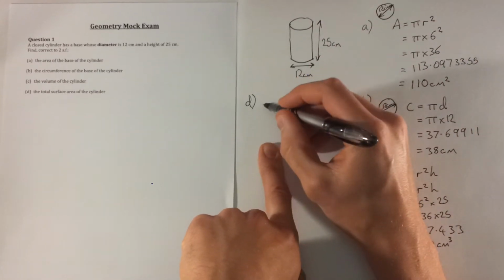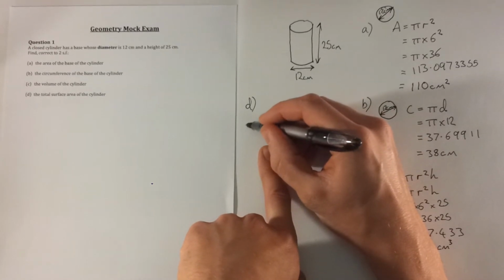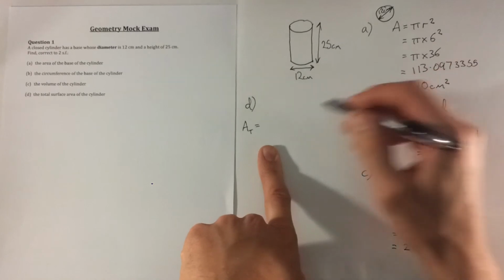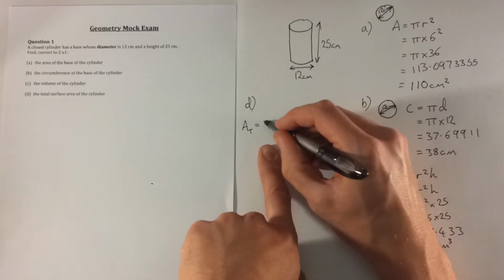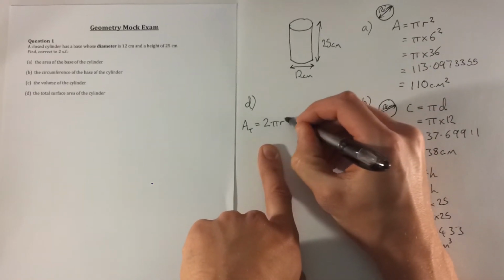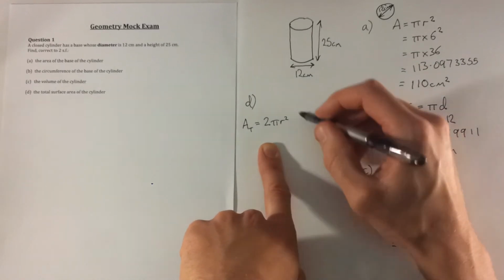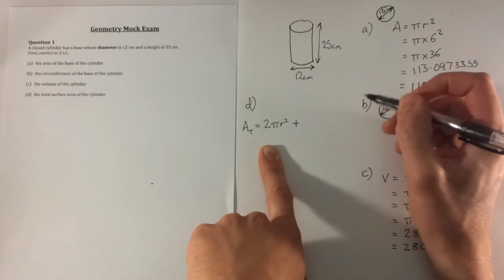So what we can say is that the total surface area is going to be equal to 2 lots of pi r squared. That gives us the area of the top and the bottom, and then we're going to add to that the area of the curved section.